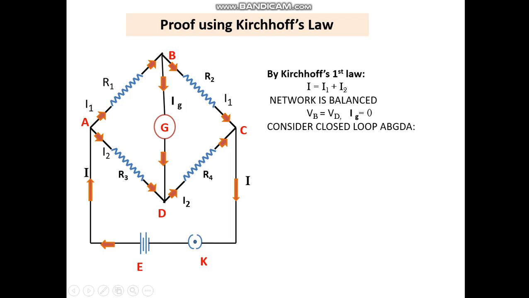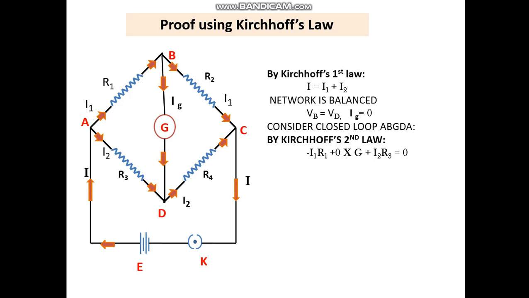Let us use Kirchhoff's second law for the closed loop A, B, G, D, A. By Kirchhoff's second law, let us assume the clockwise direction. If our direction is clockwise, then the potential difference across R1 is I1 R1.